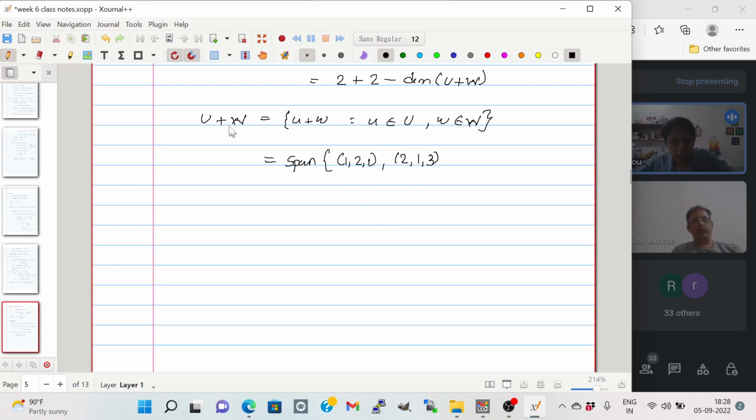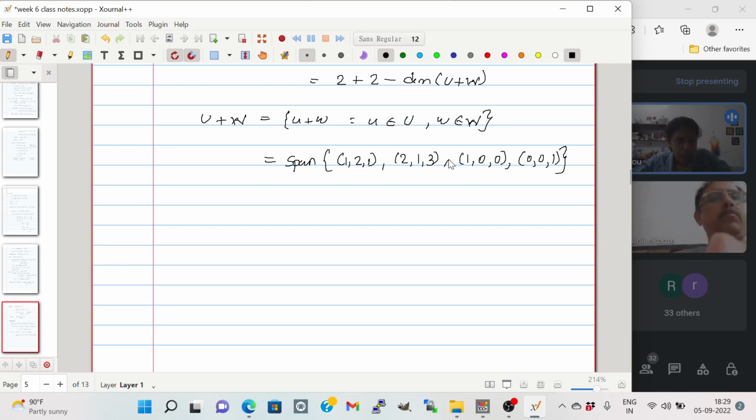This will span all of U. All of W will be spanned by (1,0,0) and (0,0,1). All together, all 4 elements will span our U plus W because their combinations will give the elements in U plus W. Fine, but here it is not linearly independent.